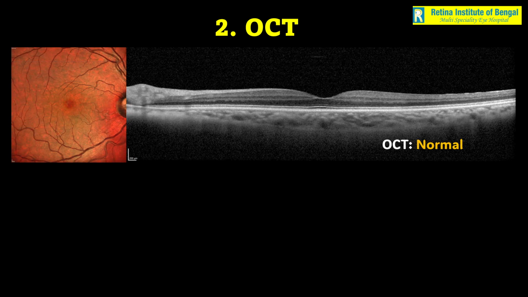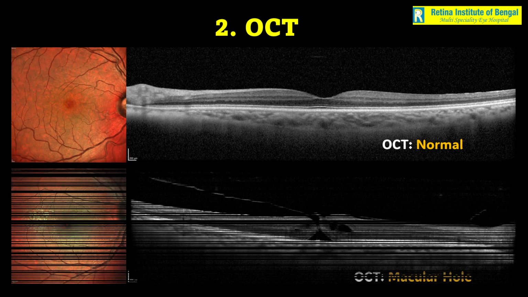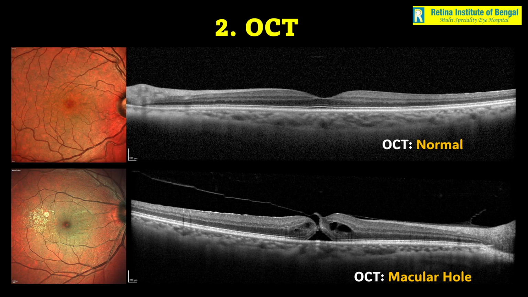The most popular tool or investigation that helps us diagnose a macular hole is optical coherence tomogram, or OCT. This is a normal OCT scan, and here you can see there is a full thickness tear or gap at the center, and this is what we call a macular hole.